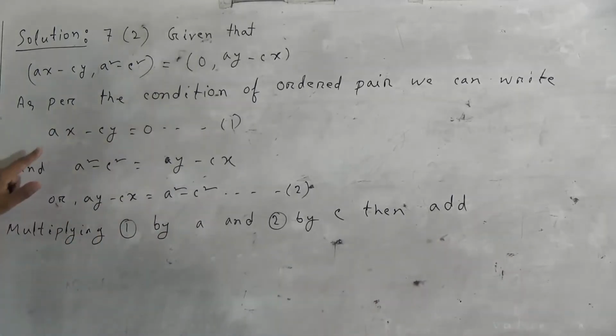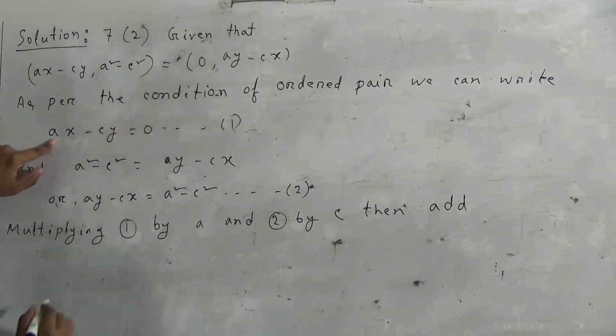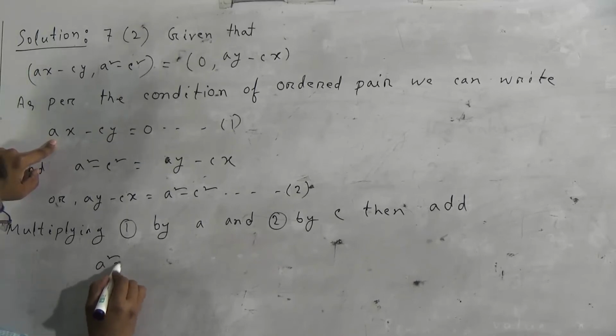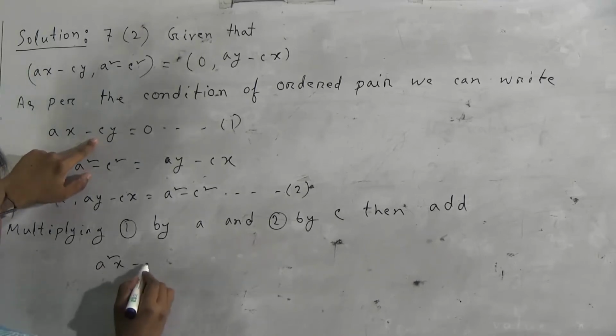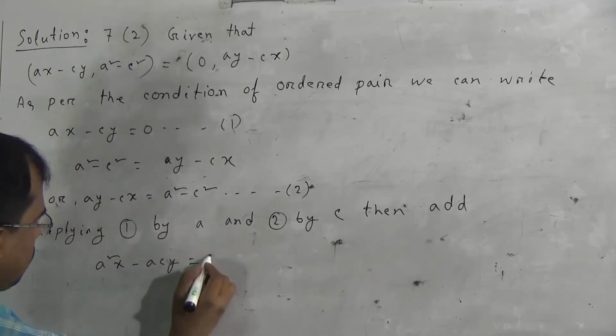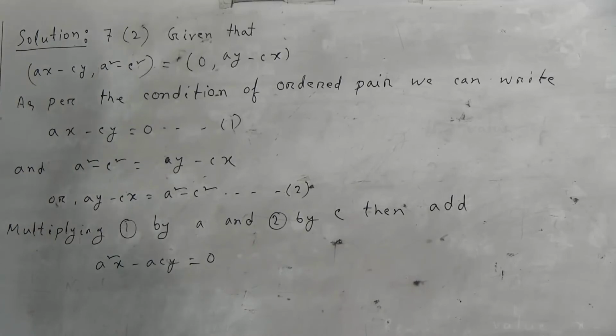At first we will multiply equation number 1 by a. Here ax, if we multiply ax with a, then it will be a square x. Now minus acy, and if we multiply a with 0, then it will be 0. Now we will multiply equation 2 by c. If we multiply ay by c, then it will be acy.